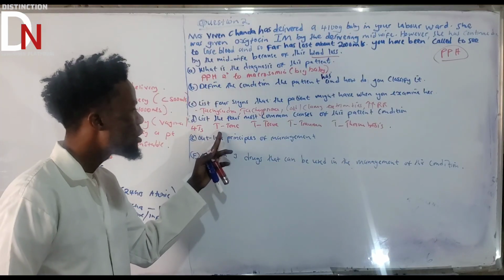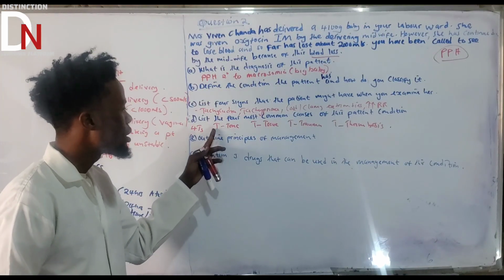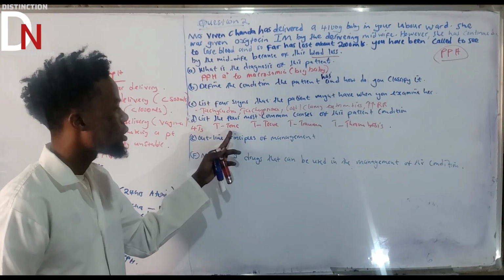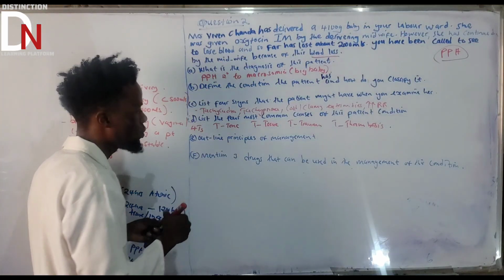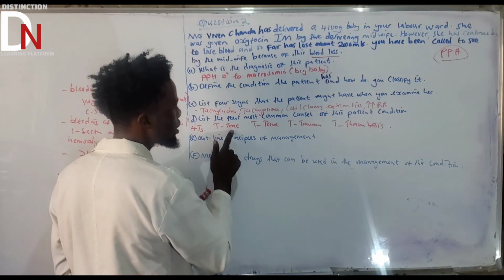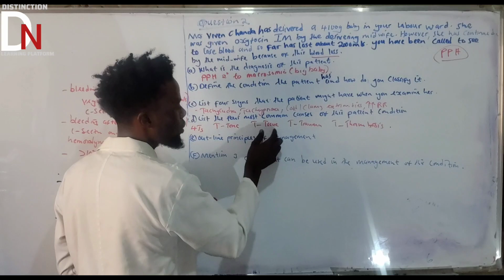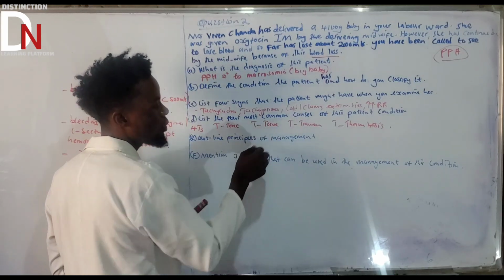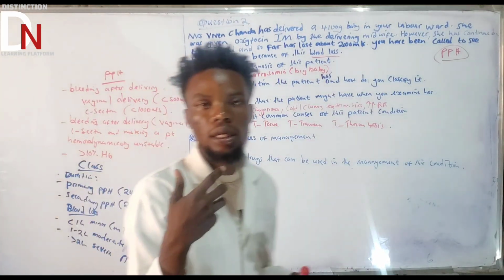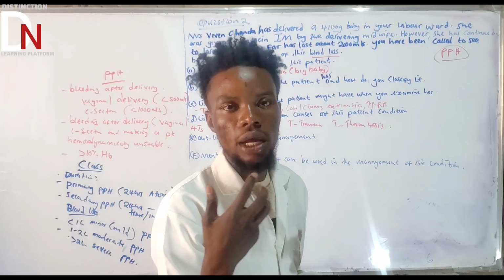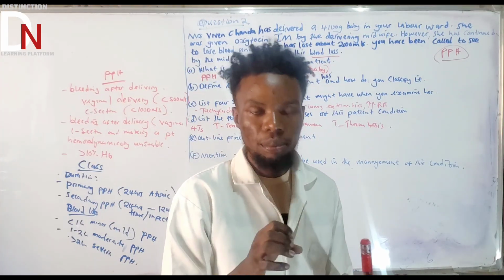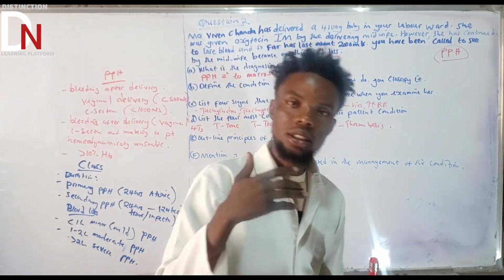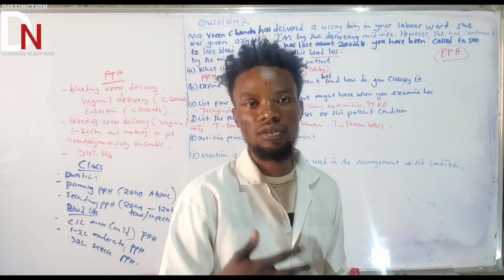But the most common causes of this are what? T stands for tone. Basically, we're talking about an atonic uterus. Tissue, we're talking about some part of the placenta or some part of the conceptus in the uterus. Maybe part of the placenta is left in the uterus, causing the excessive bleeding.